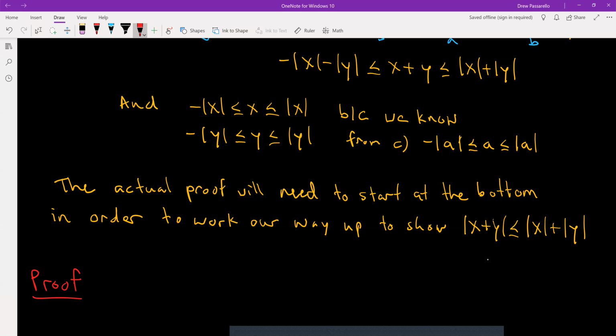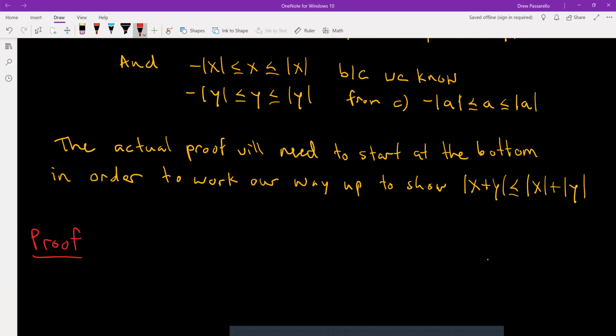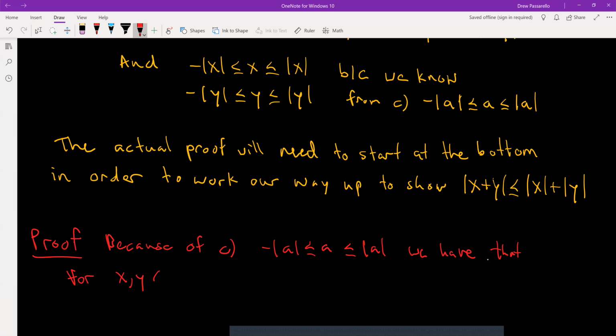So we know from part C of those listed properties, where we have negative absolute value of a less than or equal to a, less than or equal to the absolute value of a, we have that for x and y real numbers.